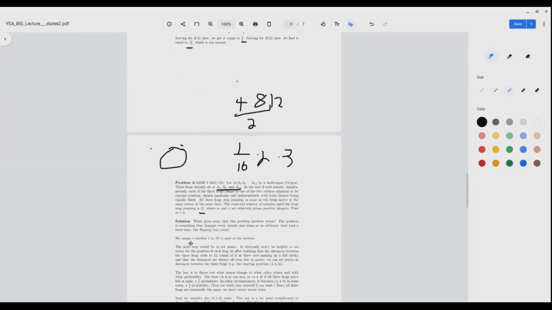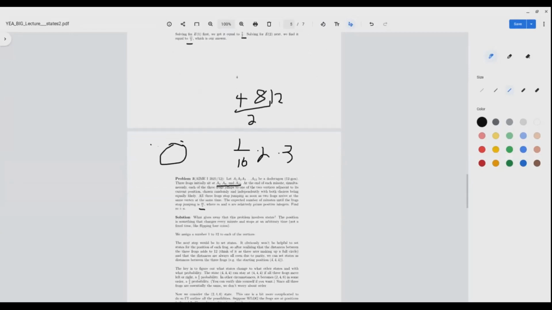So now we start using states. We assign a number 1 to 12 to each of the vertices. And we should set states, right? At first you're thinking, oh, well, there's 12 choose 3 different ways to set states. Or technically, it's not 12 choose 3 since all the frogs have the same parity, but it's still a lot of different states to consider.